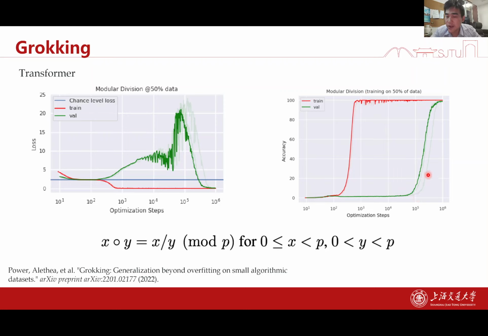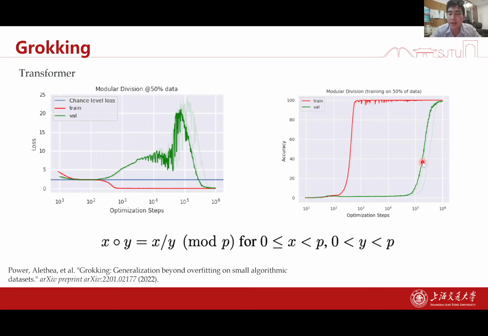That is called grokking, because after some step, it seems the neural network suddenly has a transition in its intelligence. It learns how to perform this modular division on a new data set.